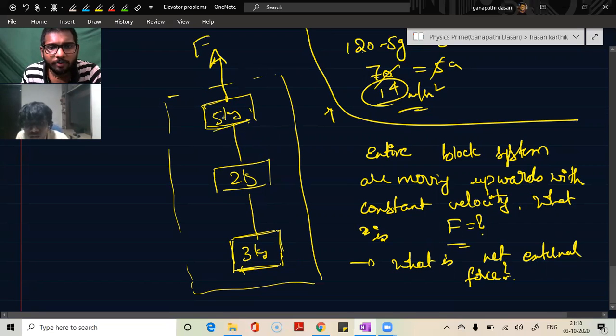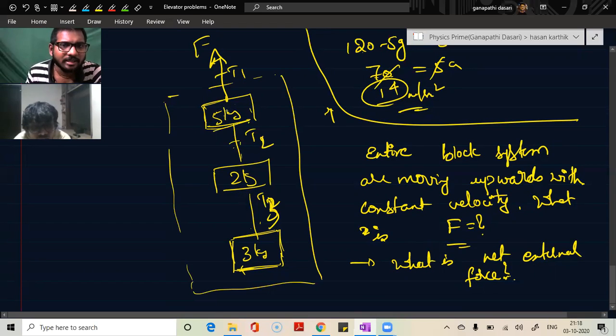So if 5 kg, 2 kg, 3 kg, what are these tensions? Suppose this is T1, T2, T3. So T2 and T3 are what? Internal forces. Then because of internal forces, will there be any acceleration or anything? No, sir. Then 5 plus 2 plus 3 is 10 kg. So can I write it as 10 kg like this?